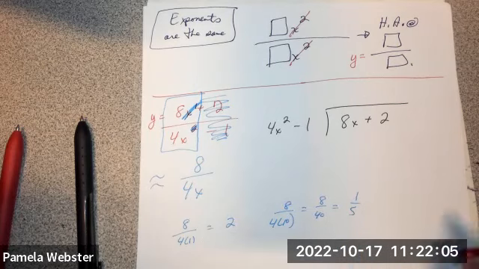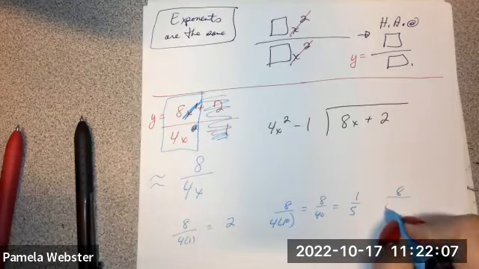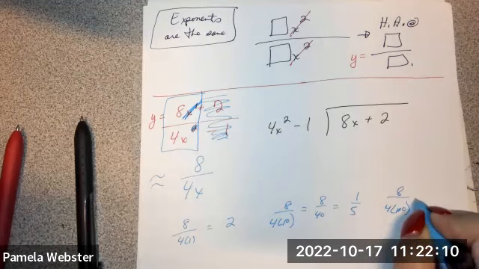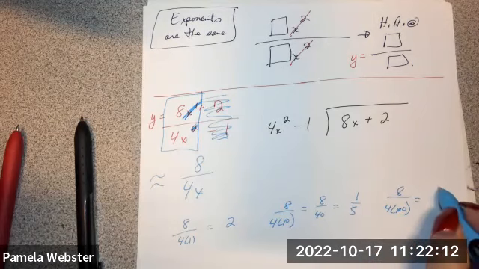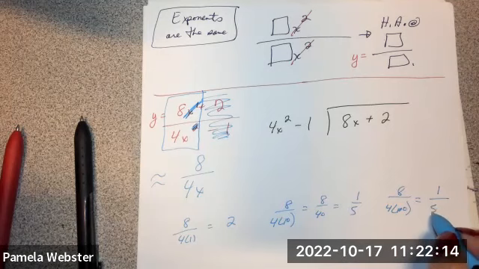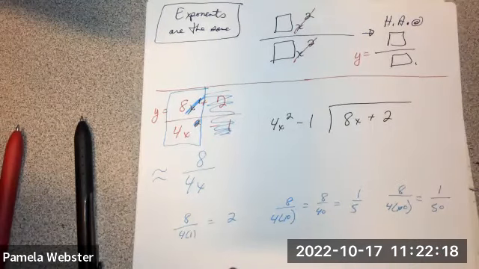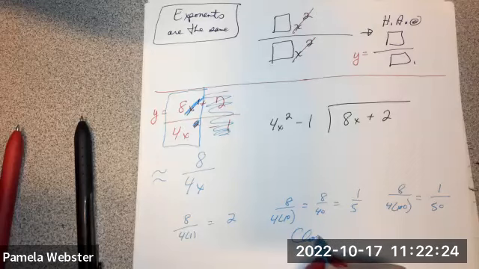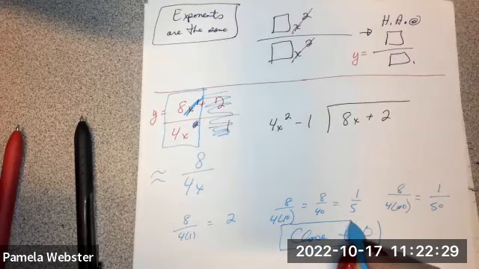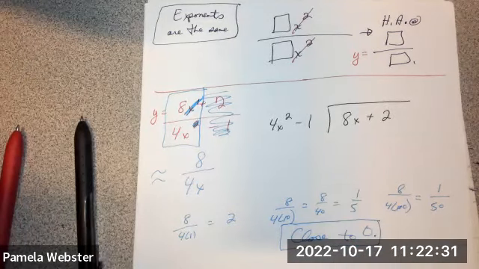But what if it was 8 over 4 times 100? Well, that's like 1 over 50. So you just keep on looking at it, and this is really, really, really small, really close to 0. So eventually it's getting close to 0, and like I said earlier, that's like a limit in calculus.